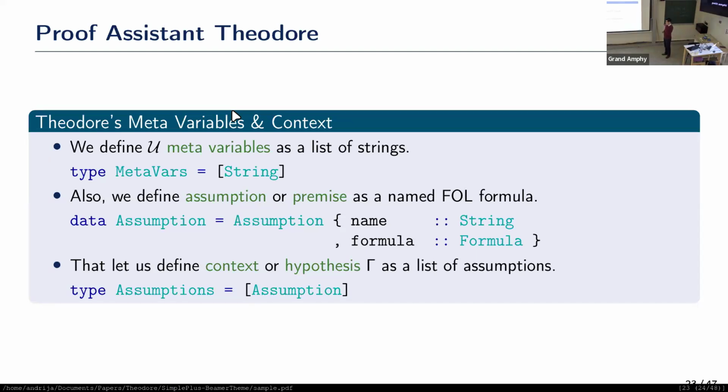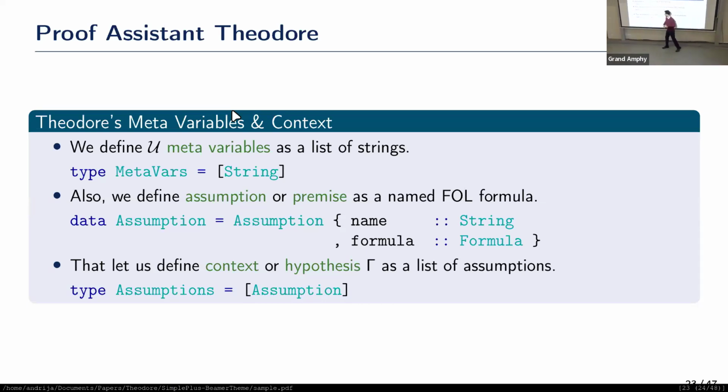So now we go to the Theodore module. In order for natural deduction to work, we need to introduce meta variables, which will be just a list of strings. We also define an assumption or premise for the first order formula. An assumption will be just a formula combined with its name, and then a context or hypothesis is a list of assumptions.